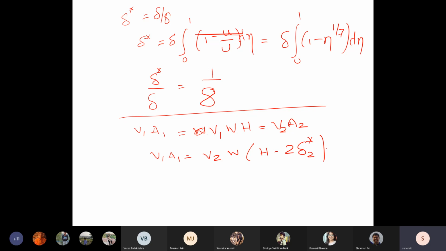This is what you are saying. Since V1, A1, everything is known explicitly, the numerical value is known to us. So we should be able to calculate V2, and after you plug in the numbers, it should be 10.9 meter per second.